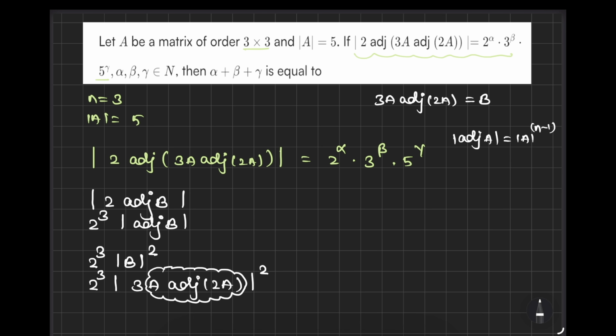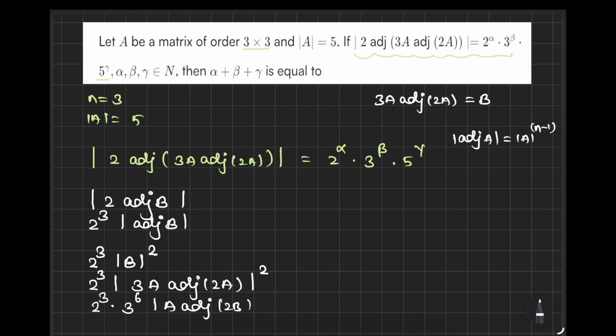So there are 3 rows. So 3 to the power 3. So 2 to the power 3 times 3 to the power 3 and then this power 2. So 3 power 6 and we are left with determinant of A adjoint 2A.